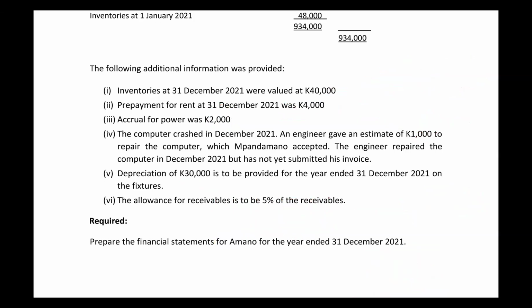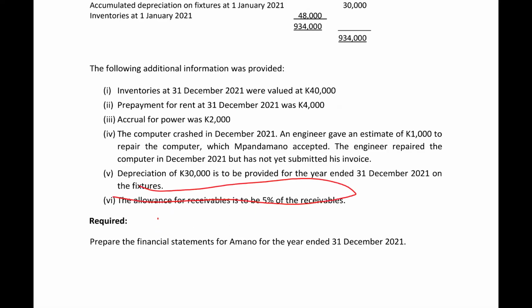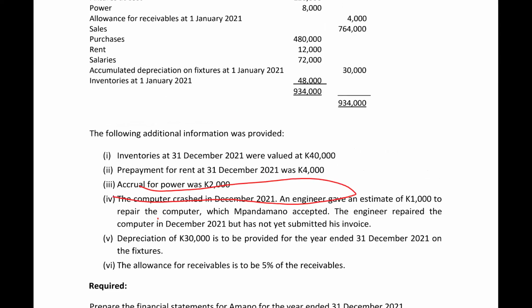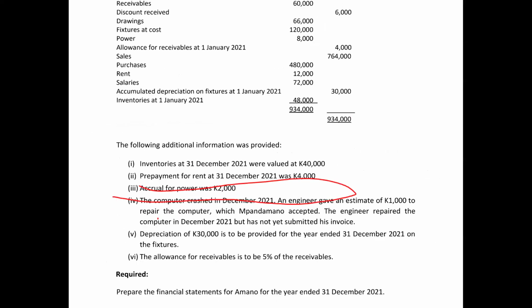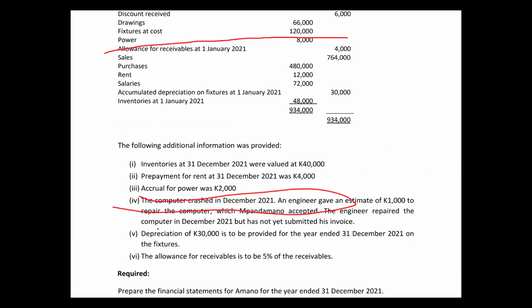The one that I should make mention of is this allowance for receivables. Remember, we already have the allowance for receivables in the question as 4,000. This is at the beginning of the period. The allowance, that provision, is the amount you keep in case they won't pay. But now, at the closing of the period, it is 5% of receivables.